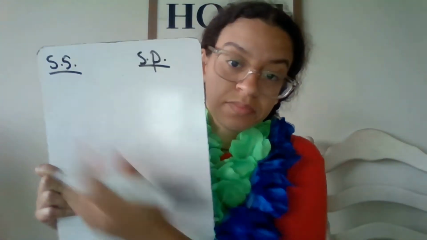Now, we have also been focusing on or really practicing finding the simple predicate first. Asking yourself, what is the action happening in the sentence? This is a simple predicate, and then you can ask yourself who or what is doing that action, and that would be your simple subject. So set up your slate.